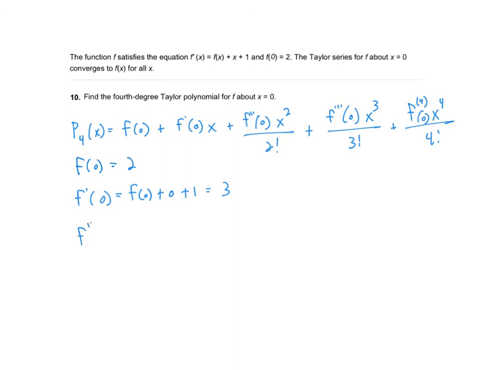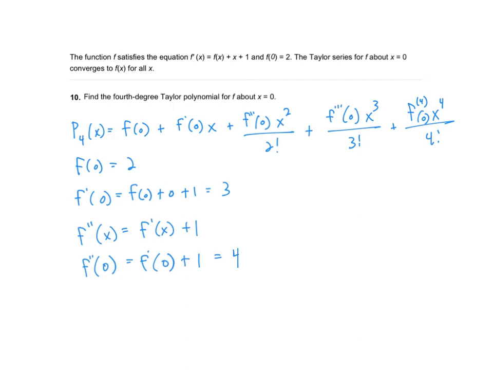Now let's find the second derivative and plug in 0. The derivative of f is f prime, and the derivative of x is 1. So f double prime of 0 is f prime of 0 plus 1. We already found f prime of 0 is 3, so this is 4.